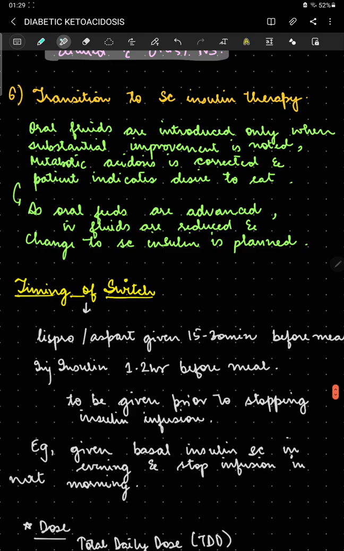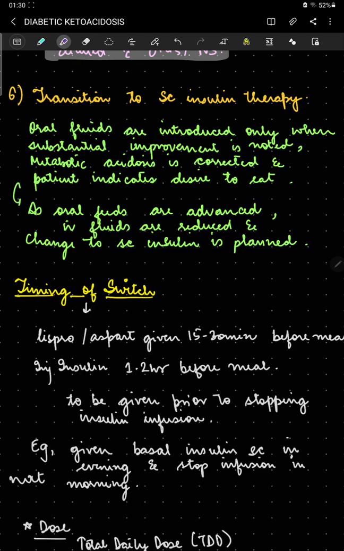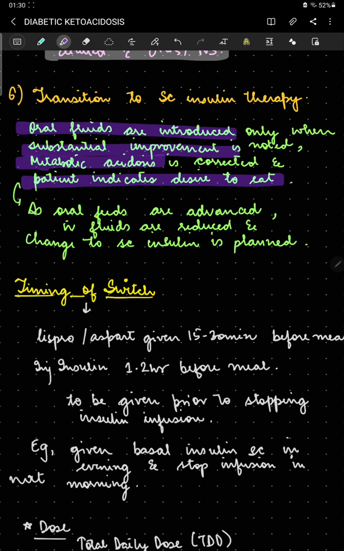Now finally, as the blood glucose comes to the desired range, we have to switch the child from IV to subcutaneous insulin, right? Now this transition is only and only to be done when the oral fluids are introduced and a very substantial improvement is noticed, metabolic acidosis is corrected, and the patient indicates that there is a desire to eat, that is, his appetite has improved, right?